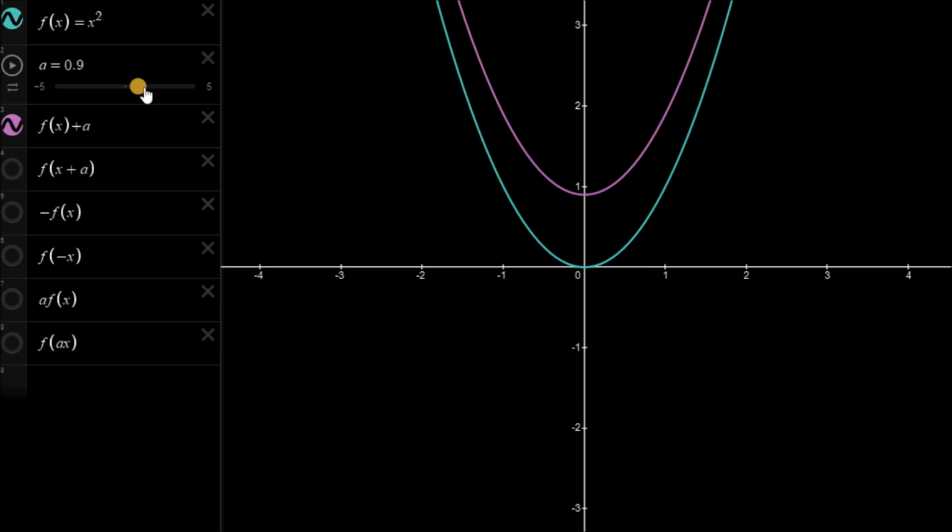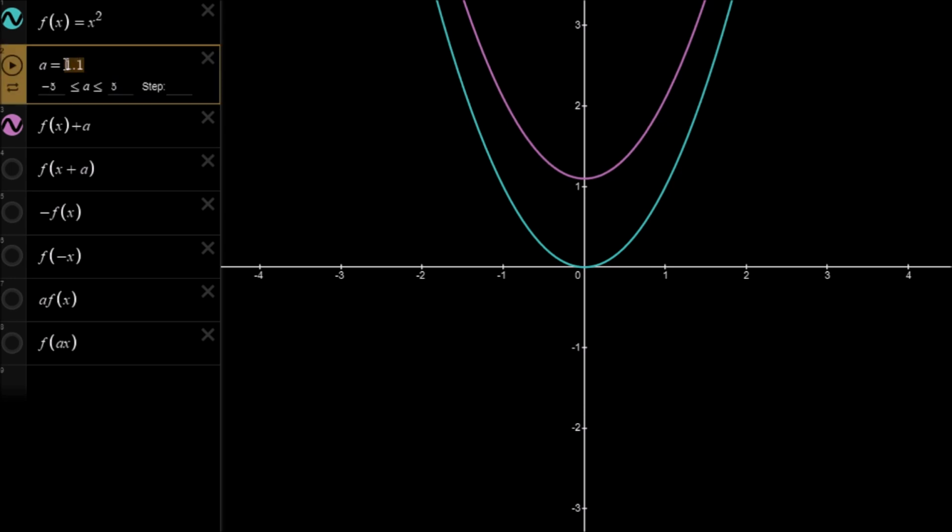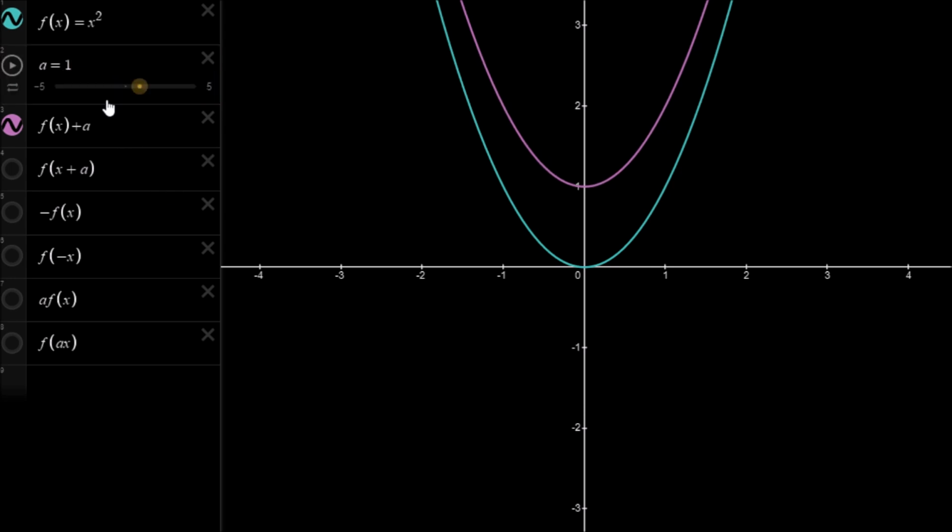For example, if we had a as a value of 1, then we would be generating the function f of x squared plus 1. So for example, if we went to this point here, it would be x squared, so it would be 1 times 1, which is 1. But then we would add 1 onto it, so it would then go to point 2. And the same for all the other points.